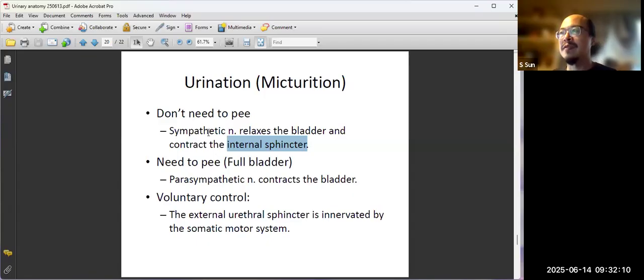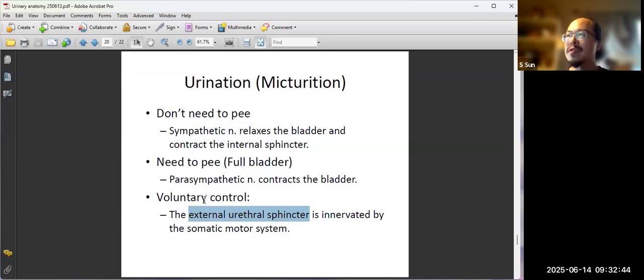At the same time, your sympathetic gets turned down because parasympathetic is up. These two are opposite: if sympathetic is high, parasympathetic is down, and when parasympathetic is high, sympathetic is low. So the internal sphincter will relax, ready to pee. But you have the final control by controlling the external sphincter, which is controlled by you.